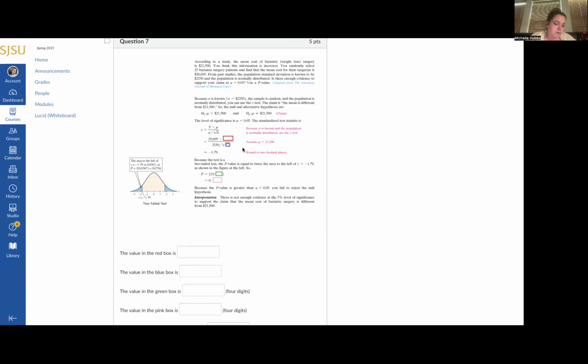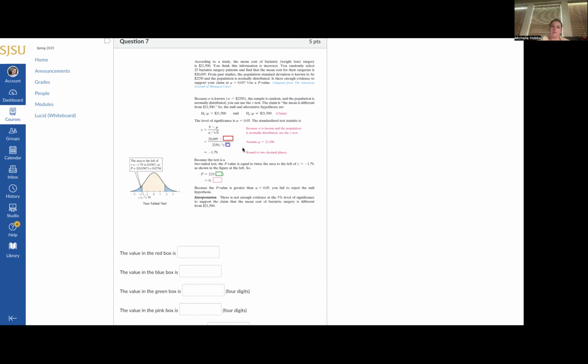Okay, the population standard deviation is known, so you can use the z-test. The claim is about the mean, so the null and alternative hypotheses are set.